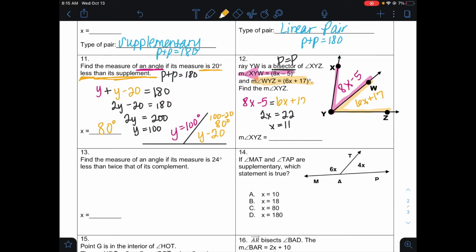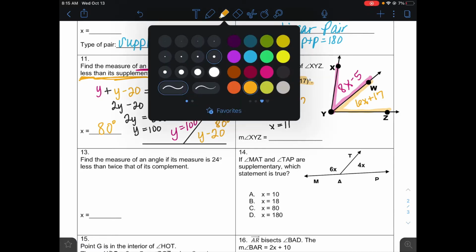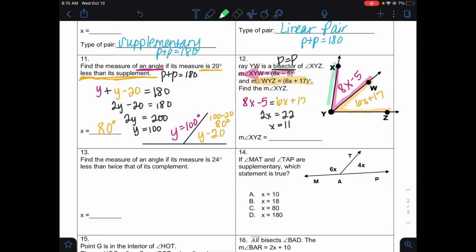XYZ. Okay, that's the whole thing. So the whole thing, XYZ, that's this one right here. So what we're going to need to do is plug X into both of these and then add them together. If we did our job correctly, these should be equal. 66 plus 17.